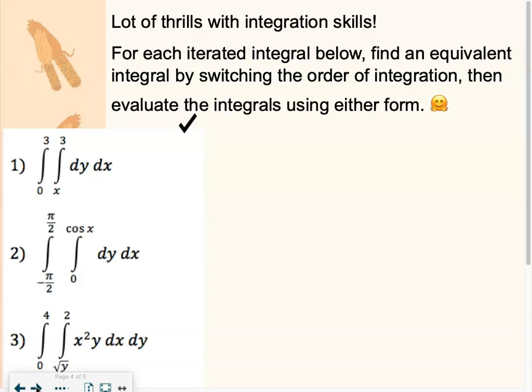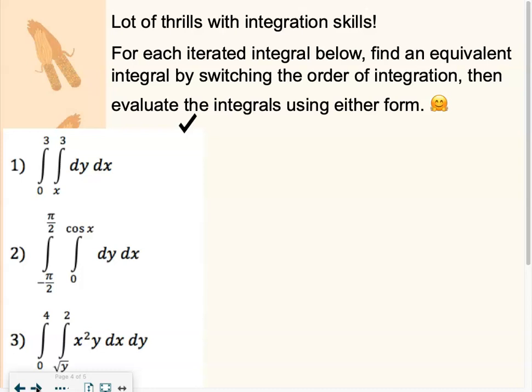One day a week, he would say it's time for, and then we would all have to chant, "Lots of thrills with basic skills," right? I remember doing that when I was, I don't know, 13, with my geometry teacher, Coach Glover. All right, so lots of thrills with integration skills.